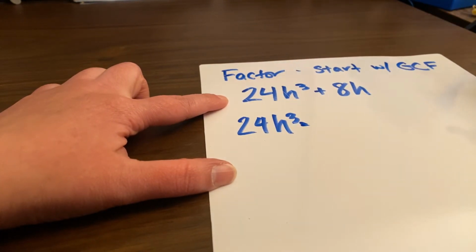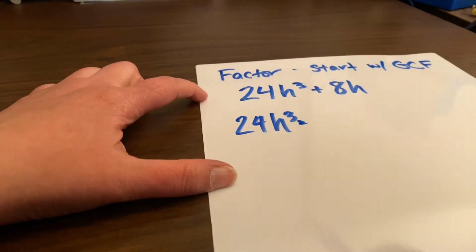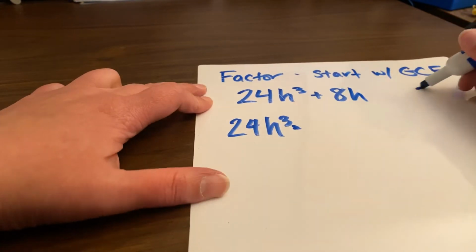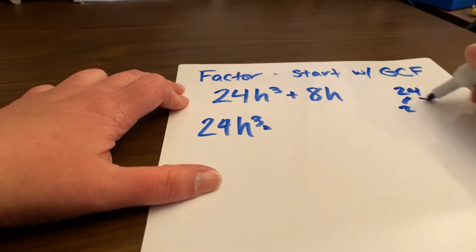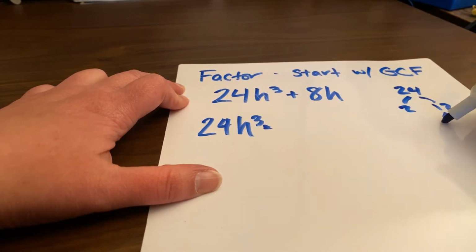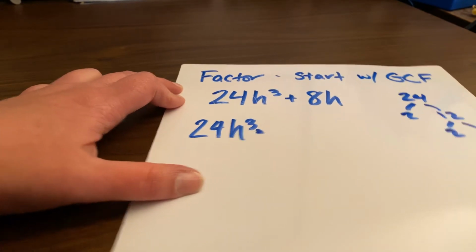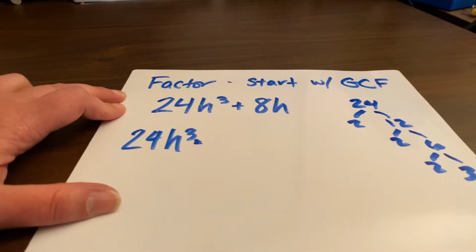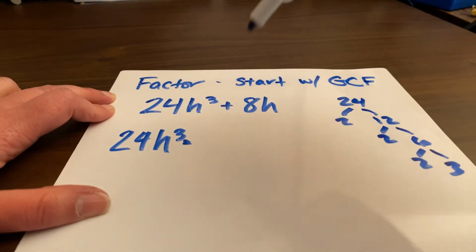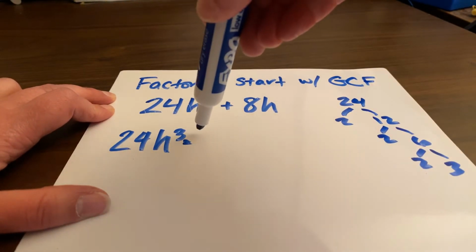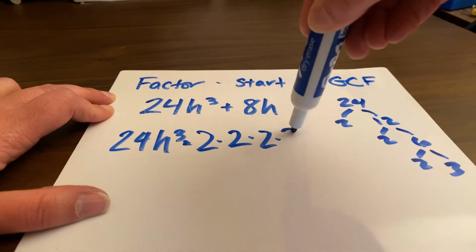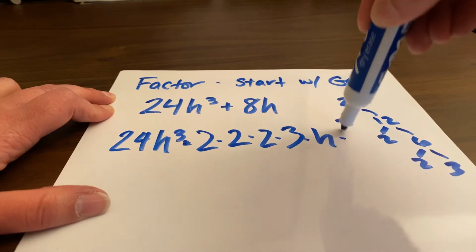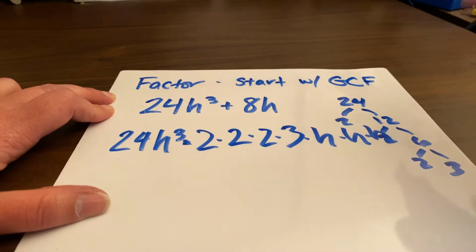Well, you could make a factor tree for 24. You could say that 24 is 2 times 12, which is 2 times 6, which is 2 times 3. Can you see that there? And you could write that as 2 times 2 times 2 times 3 times h times h times h.